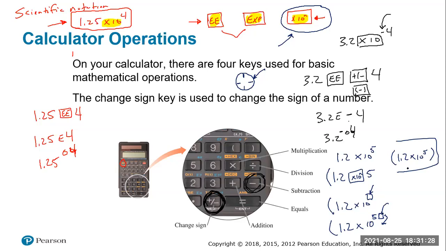So if you do have that button, there's nothing wrong with it, but you really do want to make sure you understand how to properly put that into your calculator so you do not put it in incorrectly. If you don't put the parentheses and you have that particular type of calculator, just based on the way it's programmed, it will do the wrong math.